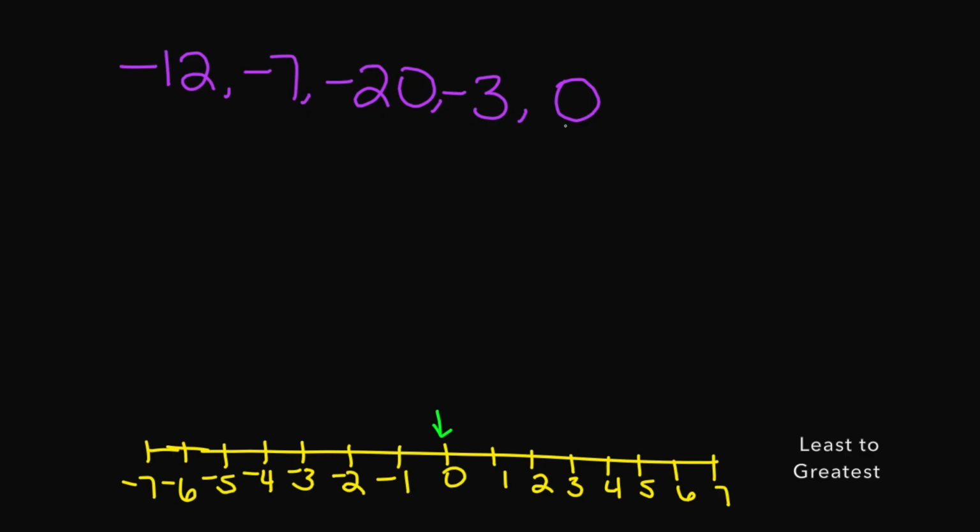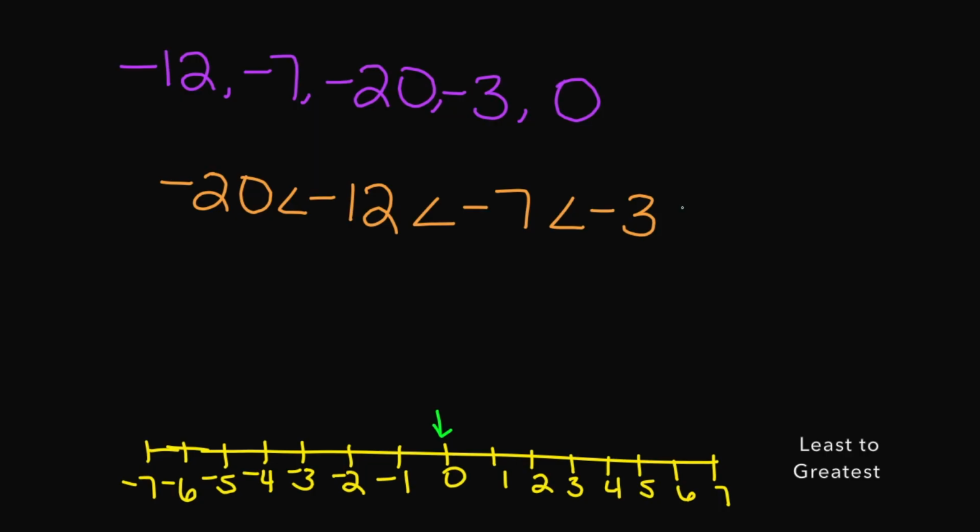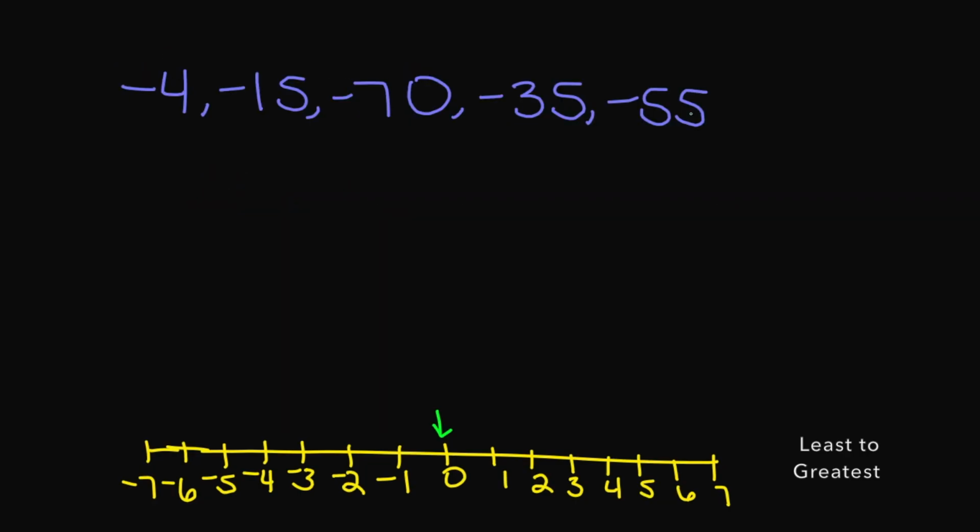-12, -7, -20, -3, and 0, going from least to greatest. -20 is first. Then after -20, we have -12. -12 is less than -7, which is less than -3, which is less than 0. The smallest number here is -20, and the larger number here is 0. Next, -4, -15, -70, -35, and -55.